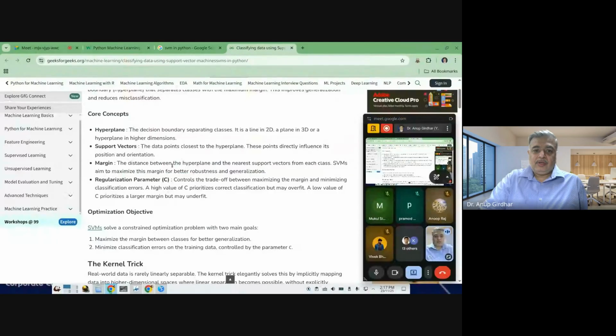That means the smaller the distance between the hyperplane and the nearest support vector of each class, the more margin. Maximize the margin for better robustness and generalization.